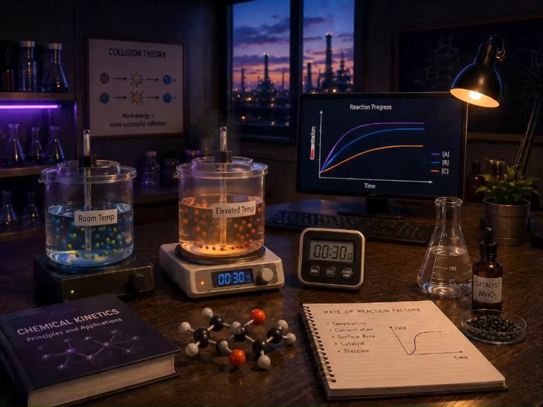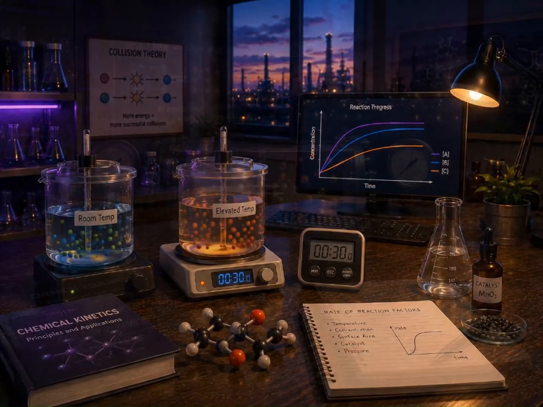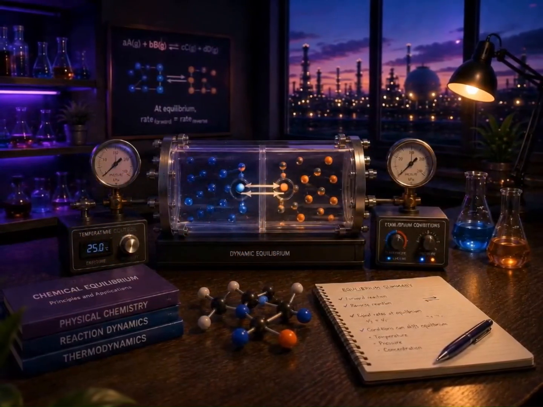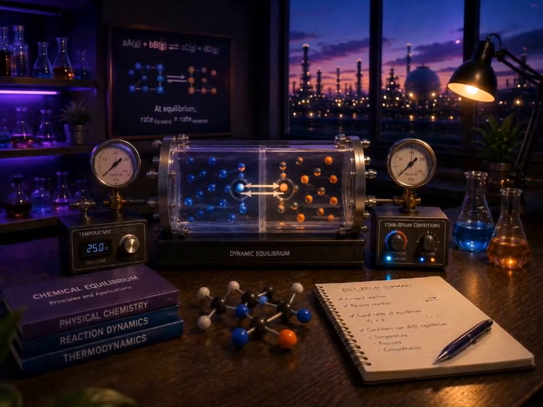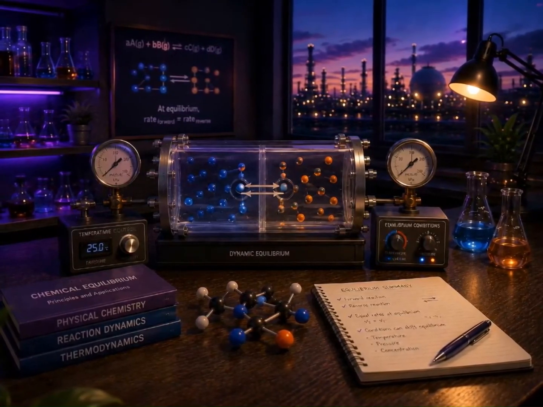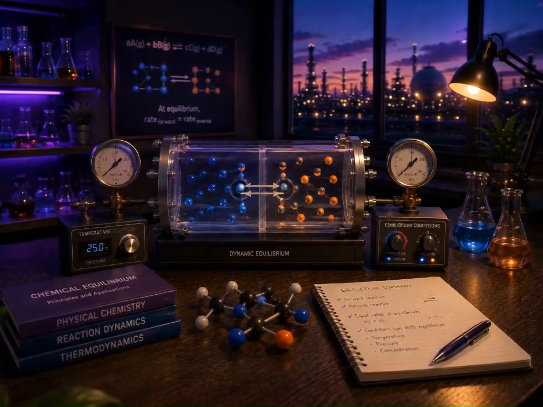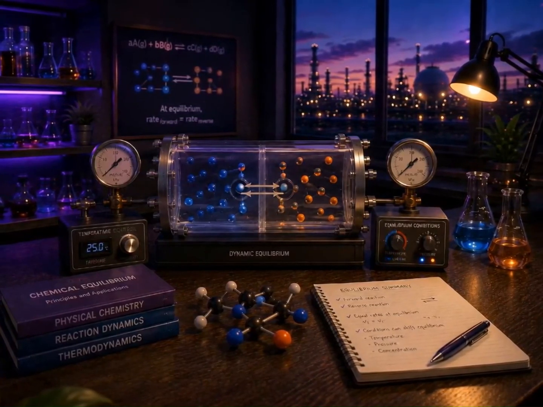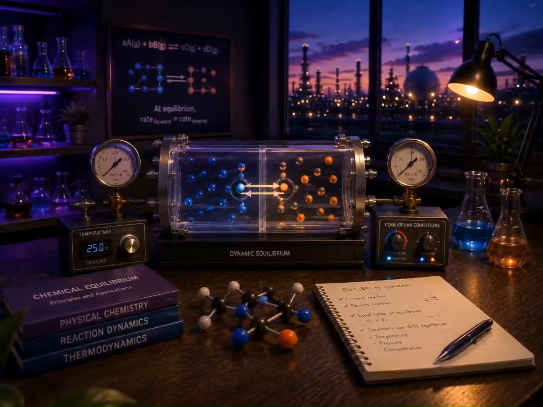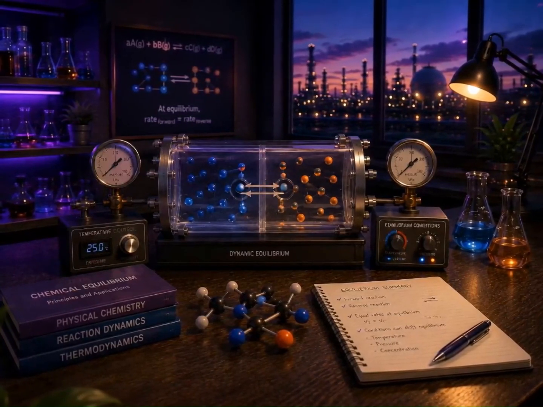Carbon monoxide is toxic because it binds strongly to hemoglobin and reduces oxygen transport in the blood. Soot or carbon particles can contribute to air pollution. So when we discuss energy efficiency and fuel choice, incomplete combustion matters. It affects energy output, safety, and environmental impact.